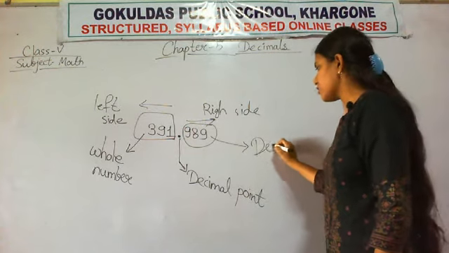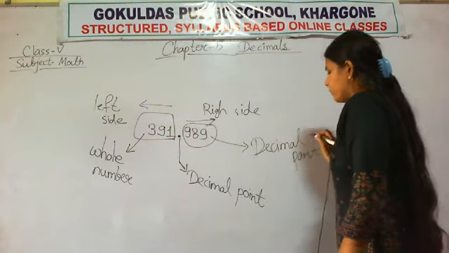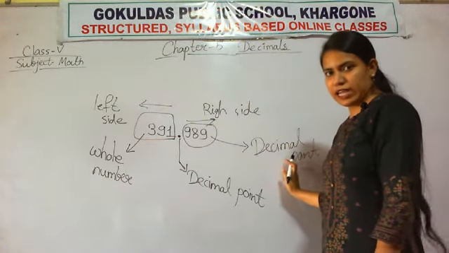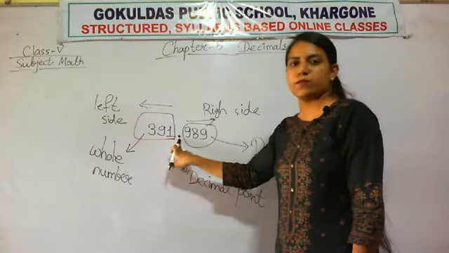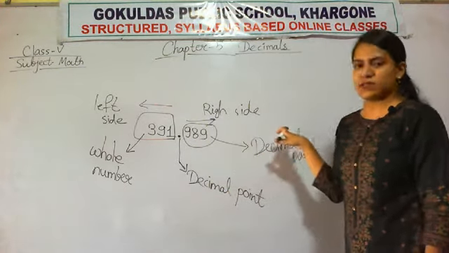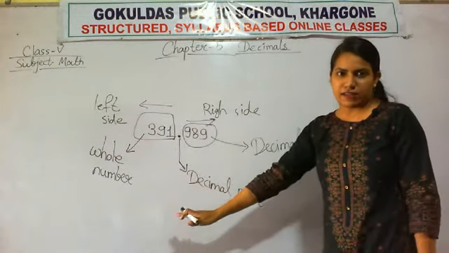So it is a whole number part, it is a decimal number part, and this point is the decimal point. We remember at right side the decimal part is there, at left side the whole number part is there.